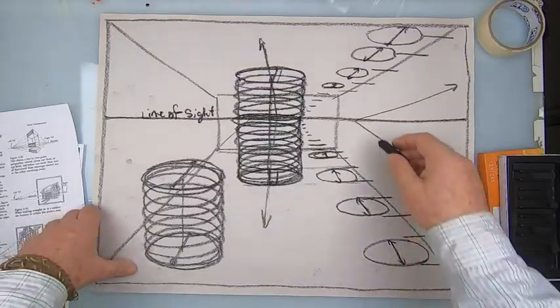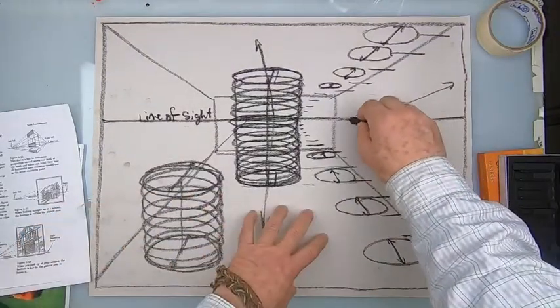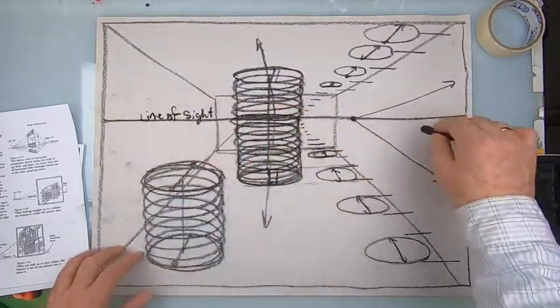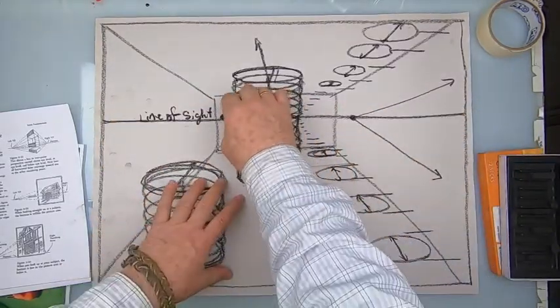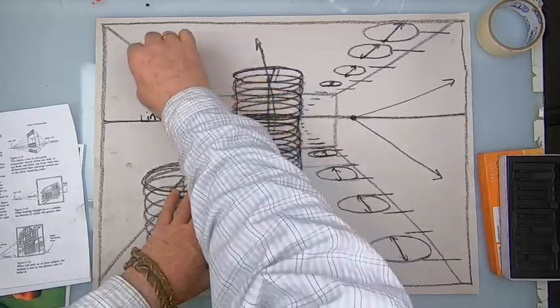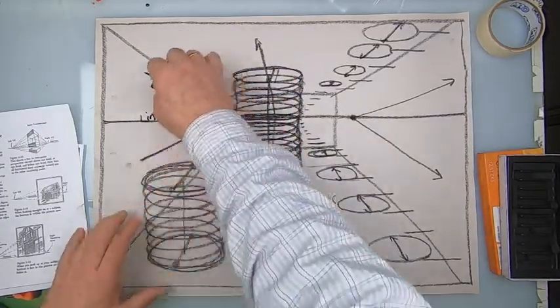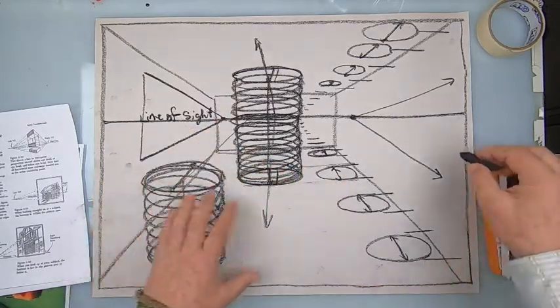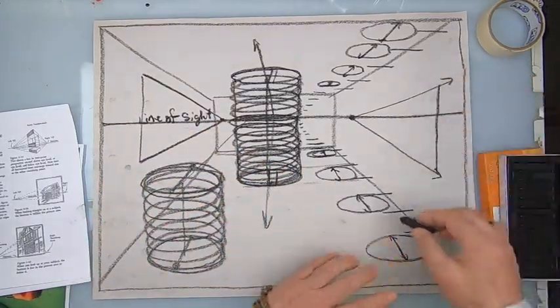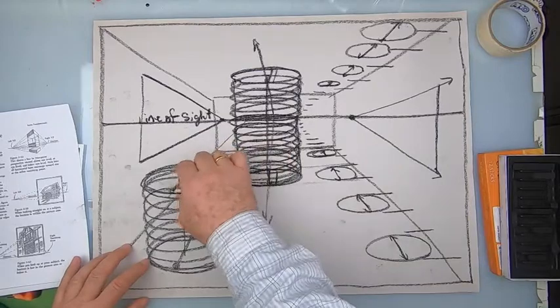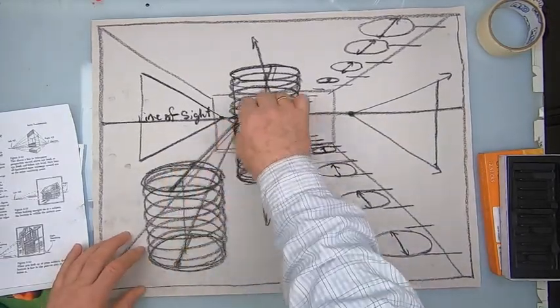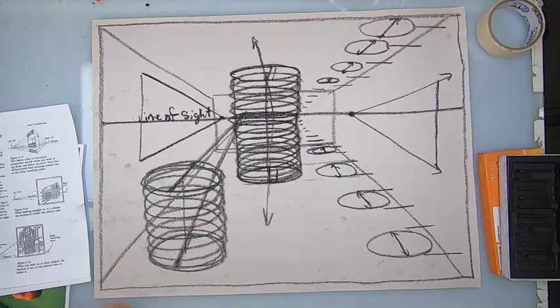Okay, this would be like a vanishing point here, right? And there's an infinite number of vanishing points throughout this line of sight. They're everywhere. See the way that relates?